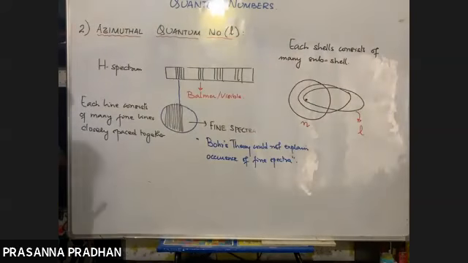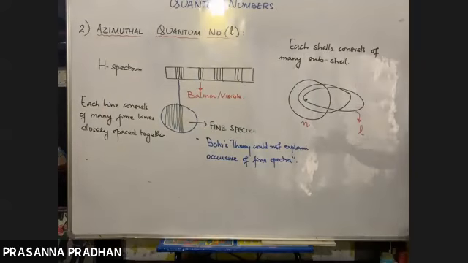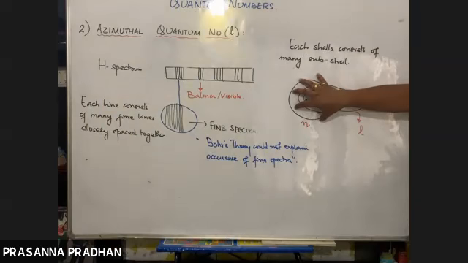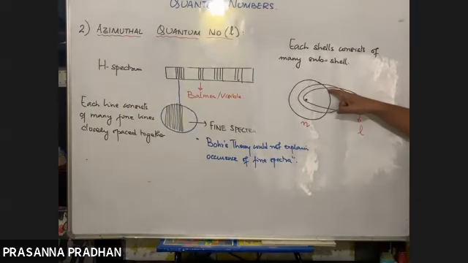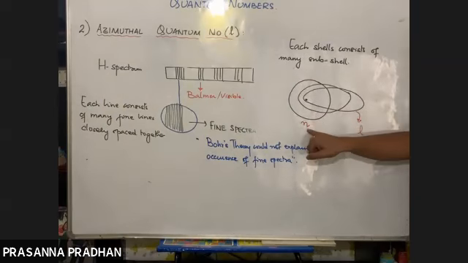So azimuthal quantum number है क्या फिर? Now we know a little bit. We know that each circular shell is composed of many subshells which are elliptical. To designate a shell, the principal quantum number is required. To designate a subshell, the azimuthal quantum number is required.